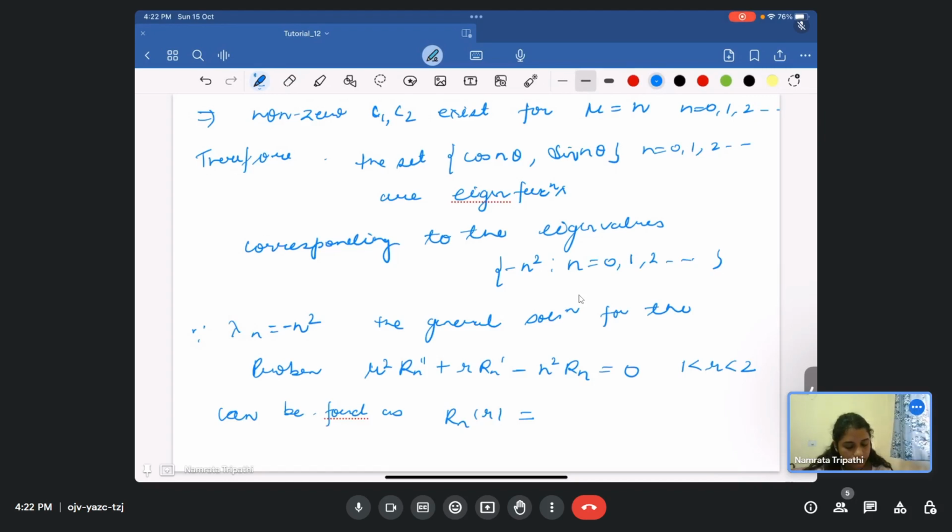This is a Cauchy-Euler problem. Is it correct? Yes. Yes, ma'am. Okay.